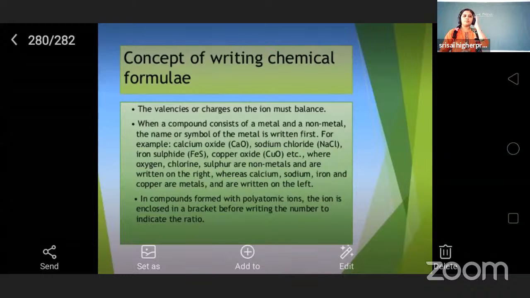When a compound consists of a metal and a non-metal, the name or symbol of the metal is written first. For example, calcium oxide. Calcium is a metal, oxide is a non-metal. Sodium chloride: sodium is a metal, chlorine is a non-metal. Non-metals like oxygen, chlorine, sulfur are written on the right side.